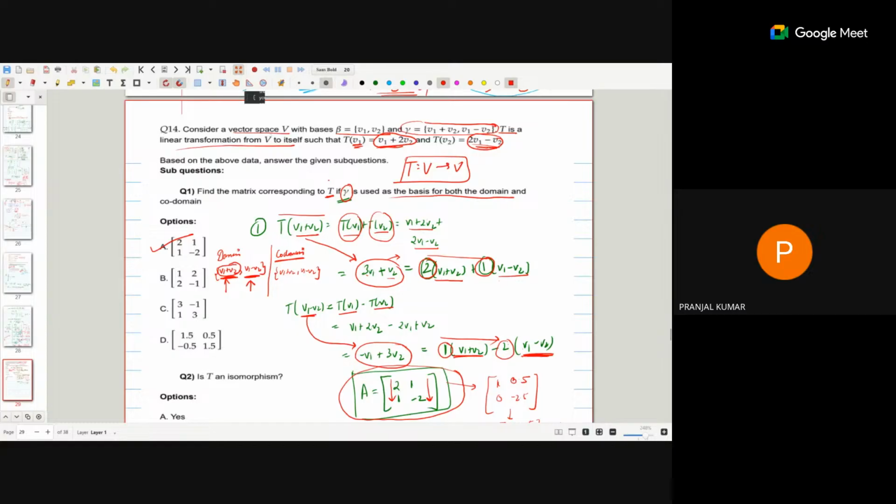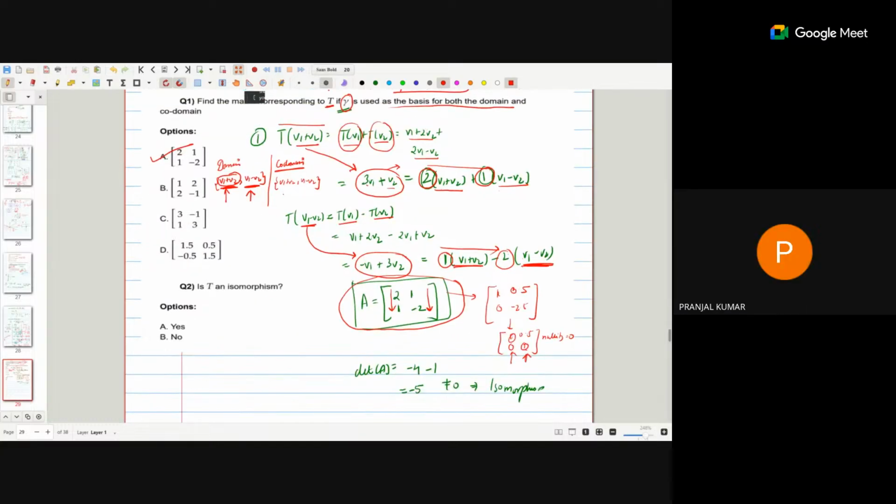It is from V to V. They have given you a basis set, so you can count the number of elements present in the basis set to find the dimension of the codomain. This is the first element, this is the second element. So V is two-dimensional. Is this clear? So rank is 2.